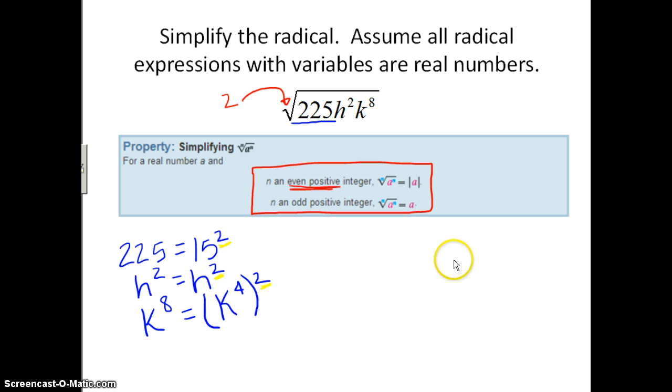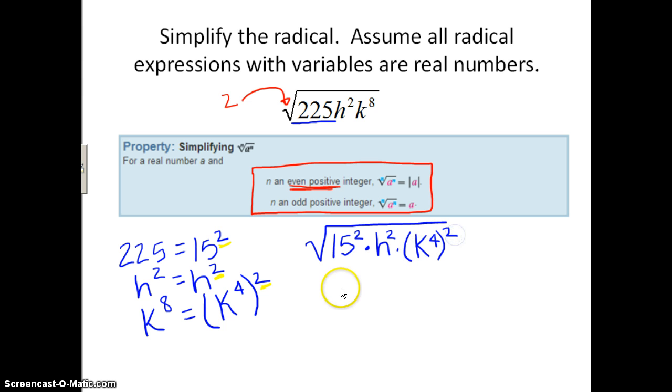So we have 15 squared instead of the 225, h squared is just h squared, and k to the 8th we rewrite as k to the 4th power squared. So we have 15h k to the 4th, and that is all being squared.